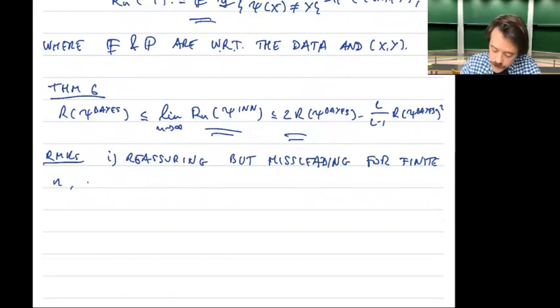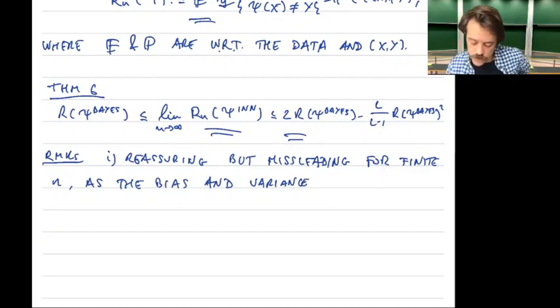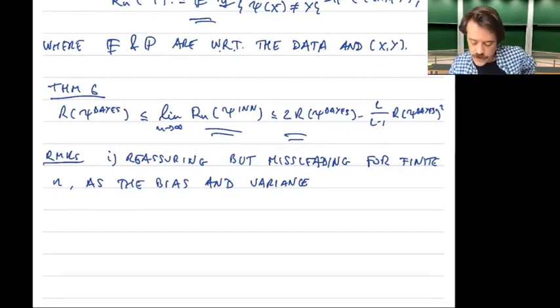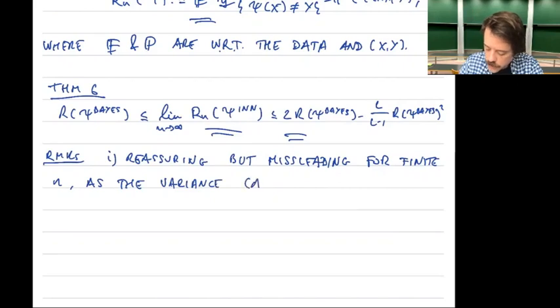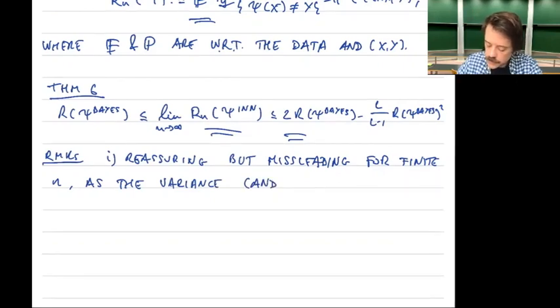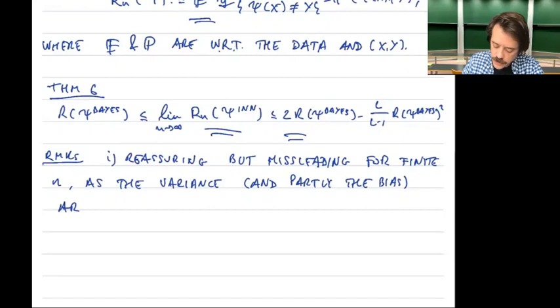Okay, because the bias and variance actually, let's say the variance, certainly the variance, and partly the bias, are large.